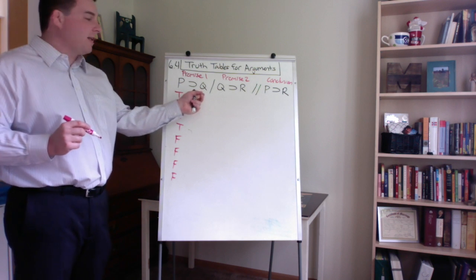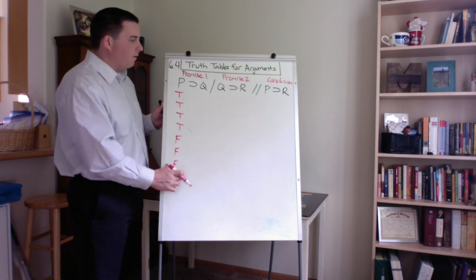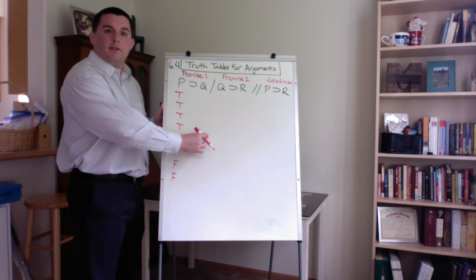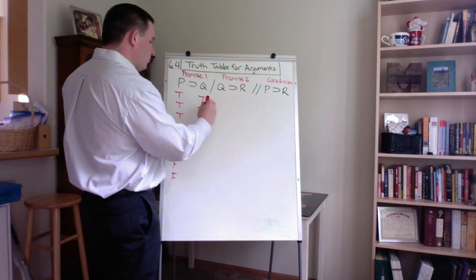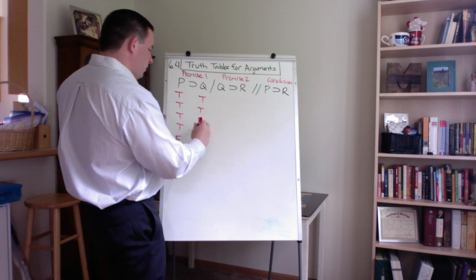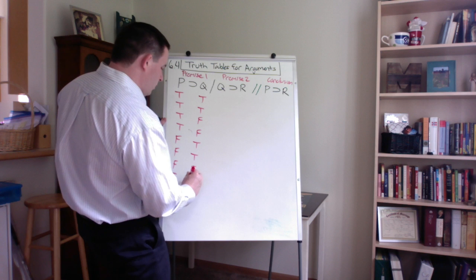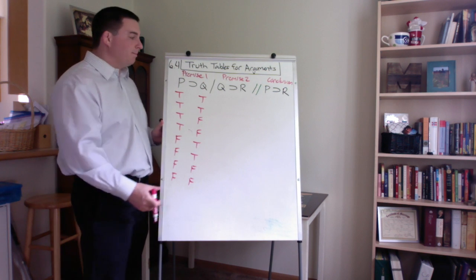We go to our next letter, and we just divide that in half. So if we did 4 trues, 4 falses, under Q, we're going to go 2 trues, 2 falses, 2 trues, 2 falses, and so on. So true, true, false, false, true, true, false, false. Okay, so premise 1 is done.